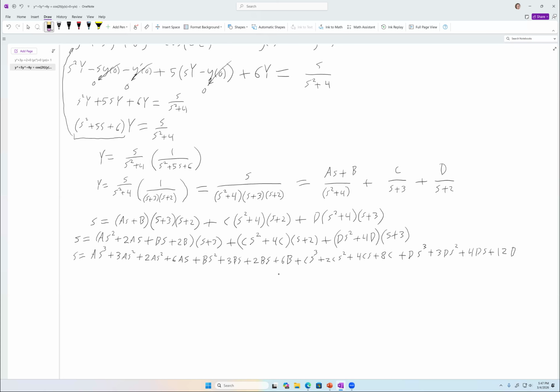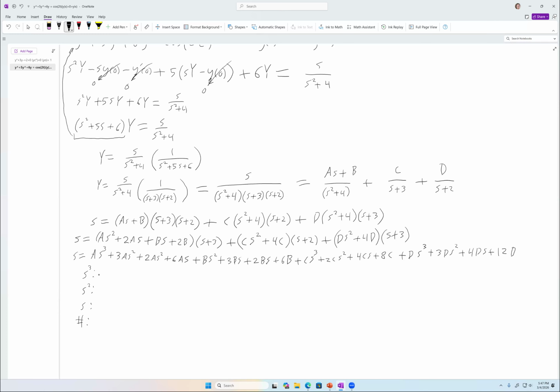So let's see what that looks like. We're going to have S cubed up here, S squared, S, and then a constant, and I'll just use the pound sign for that. Or is that hashtag? Am I like 15 years out of date for that one?